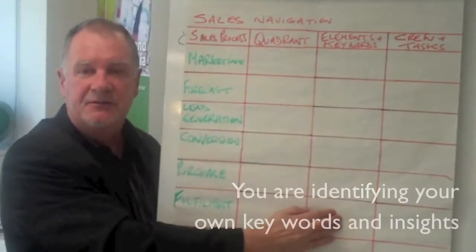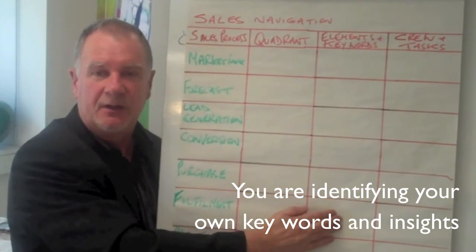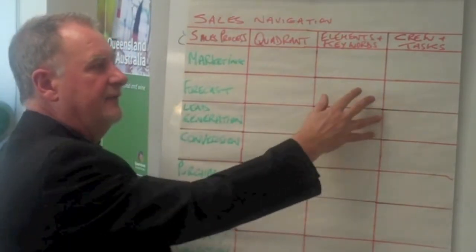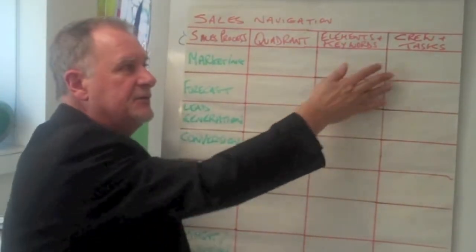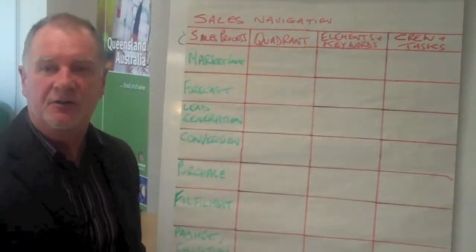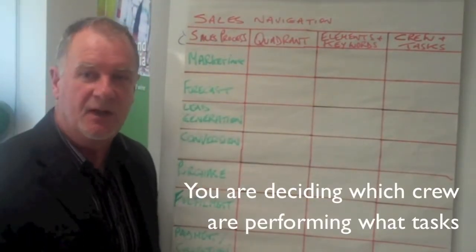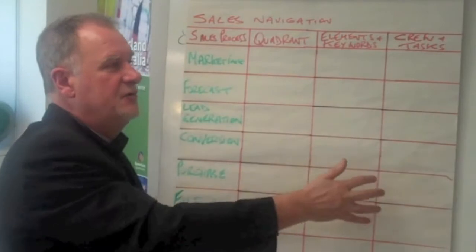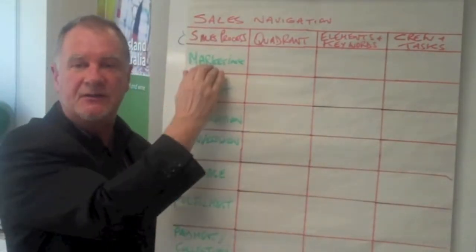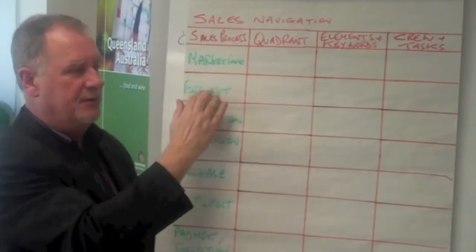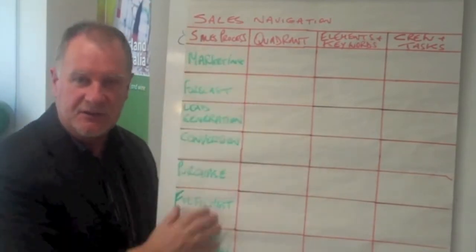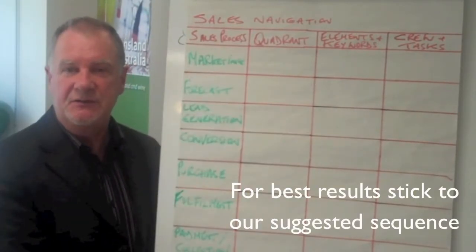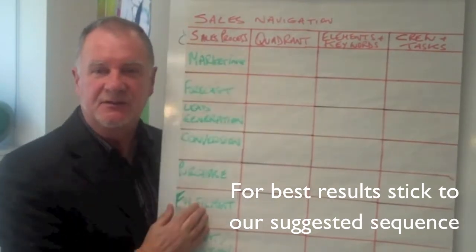We are identifying, just by using some keywords, what that means in terms of each of the elements, and therefore those keywords will help us decide which members of our crew, and remember our crew can be external as well as internal, and what tasks our various crew members would need to do to execute the sales processes as defined by these elements. And again, these elements are in a logical sequence. You'll get the most out of it if you stick to that sequence.